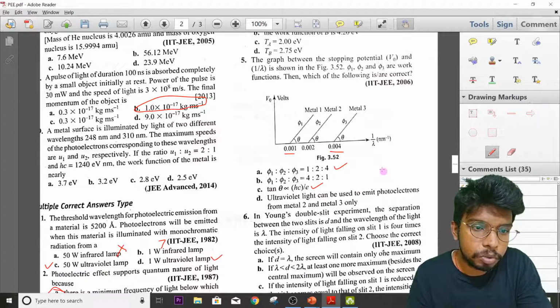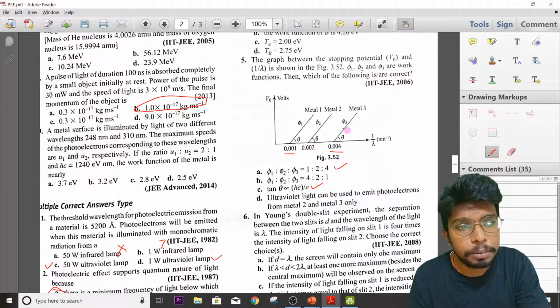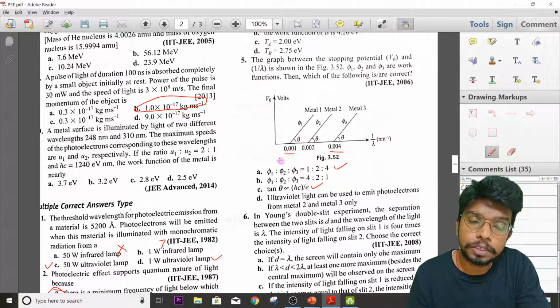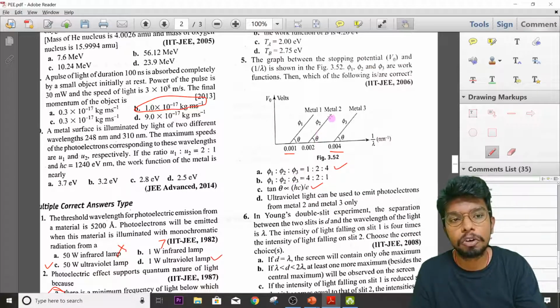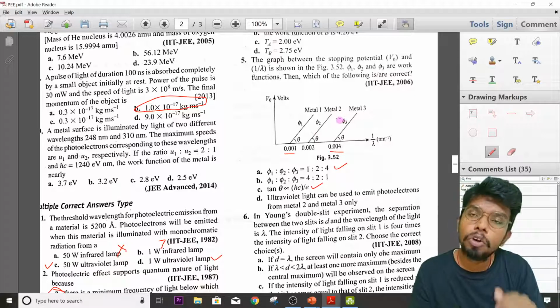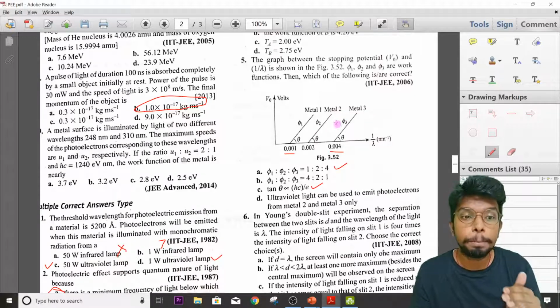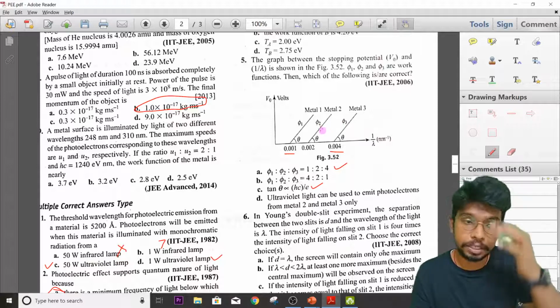Ultraviolet light can be used to emit photoelectrons from metal 2 and metal 3 only. Metal 2 and metal 3 have more work function, and metal 1 has less work function. If ultraviolet light can eject electrons from metal 2 and 3, then automatically it should eject electrons from metal 1 also, because metal 1 has less work function than 2 and 3.